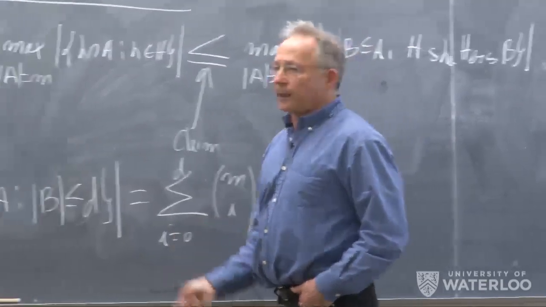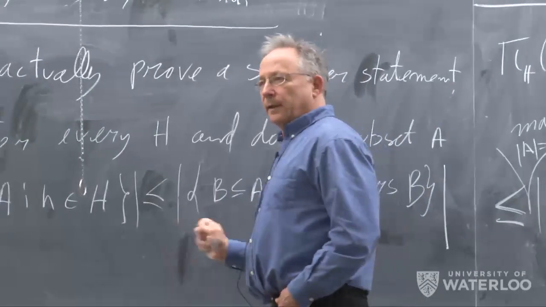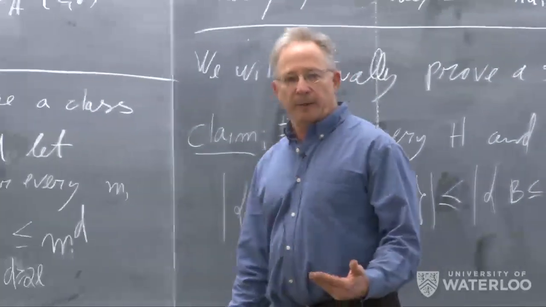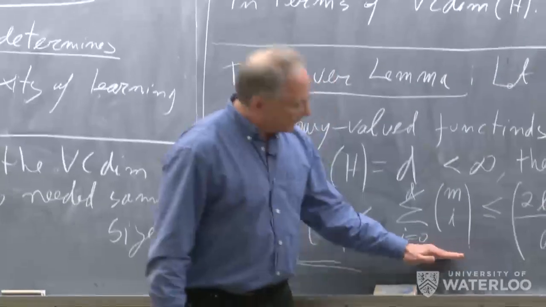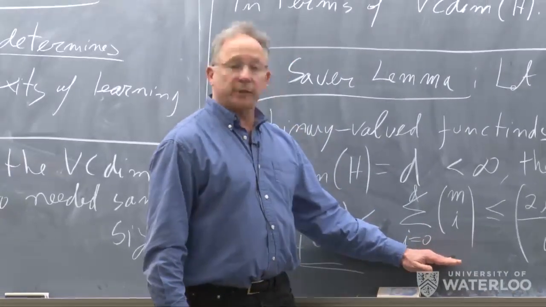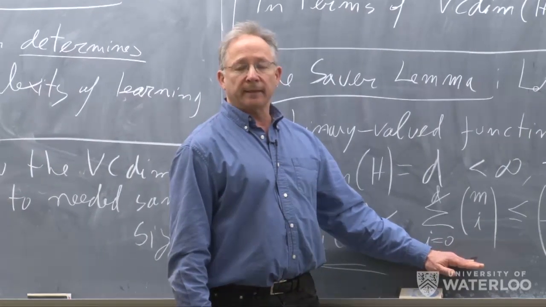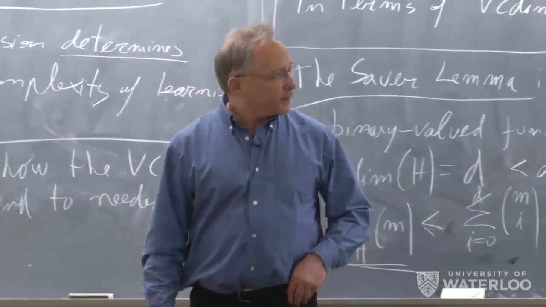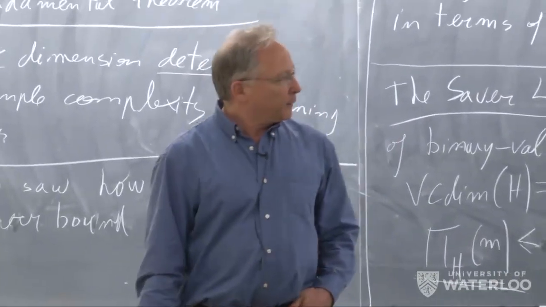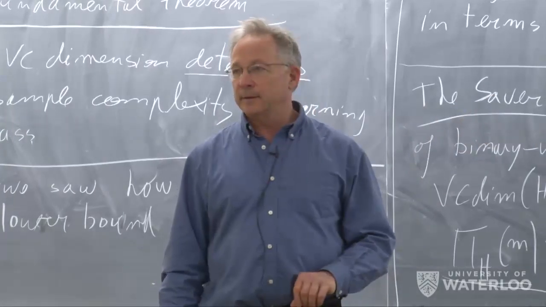So this will prove the Sauer lemma. If we could show this counterintuitive claim, the Sauer lemma will follow immediately, and we now really directly get the meaning of this formula. This formula tells me how many small subsets A has. So we reduced the proof of the Sauer lemma to proving this claim.